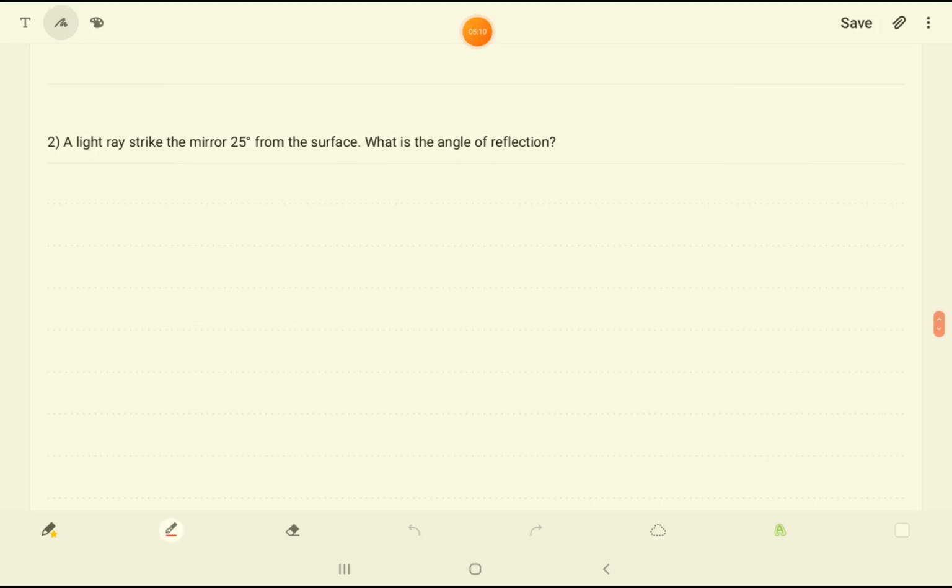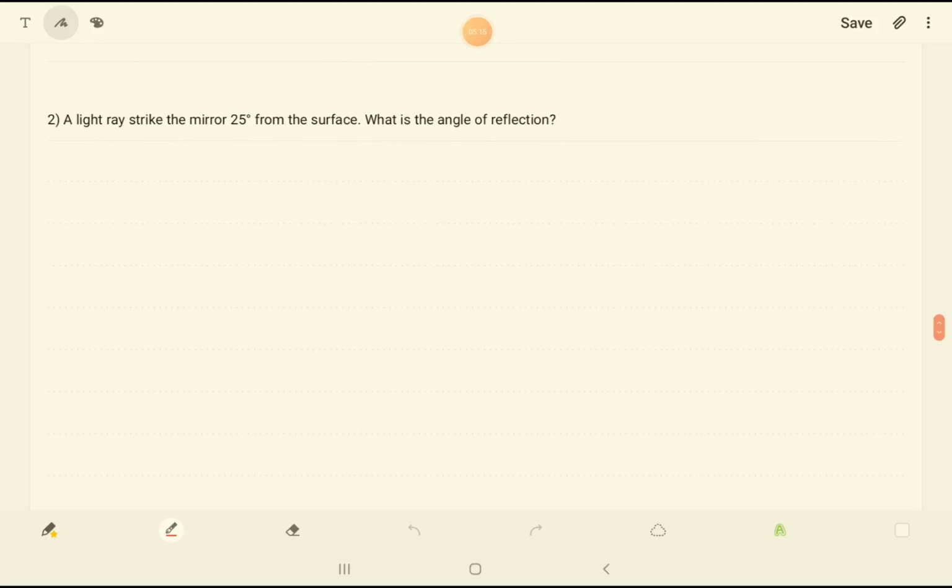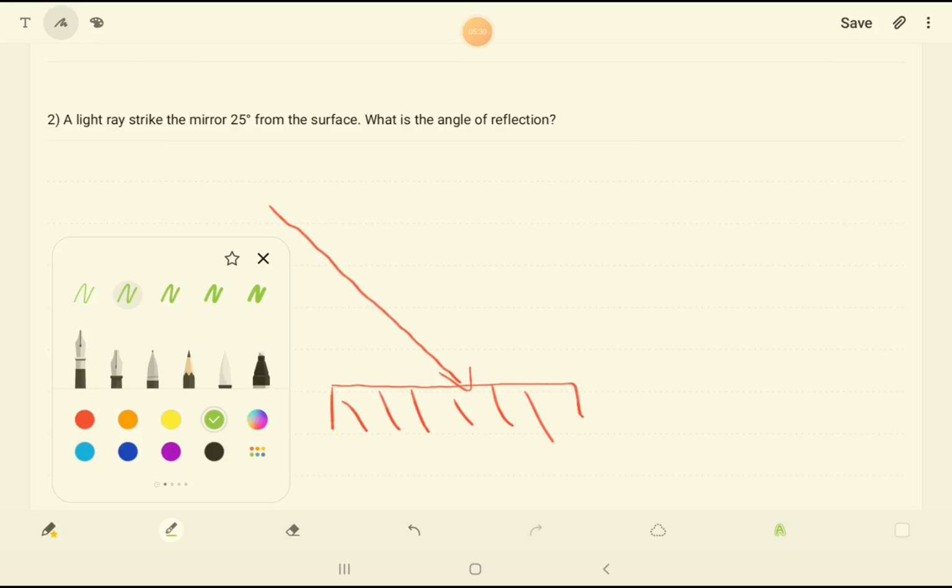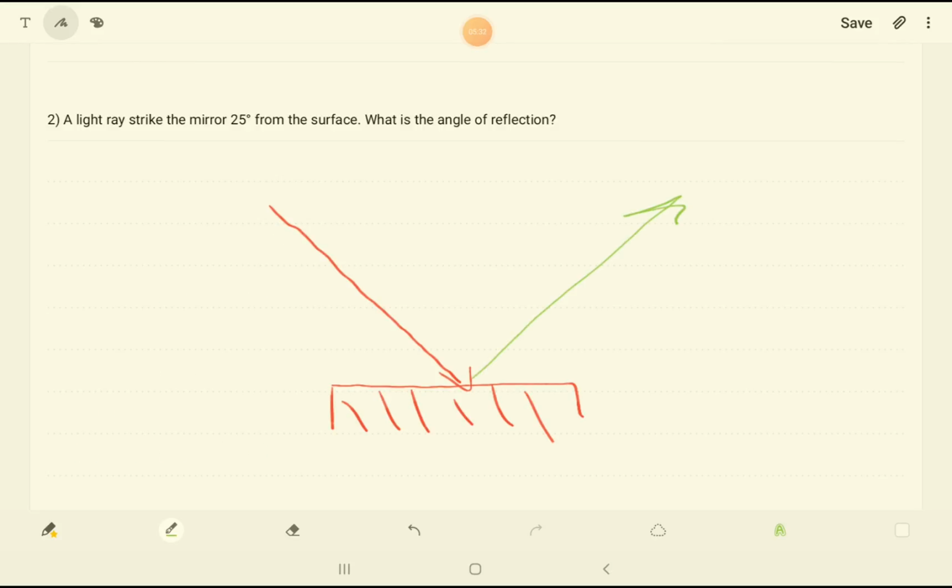Our second example reads that a light ray strikes the mirror 25 degrees from the surface. What is the angle of reflection? So once again, if we draw this here as the mirror, the light ray is coming in like this. Let me try and draw that a little bit straighter. And of course, it's going to reflect off, since the mirror is a highly reflective surface.